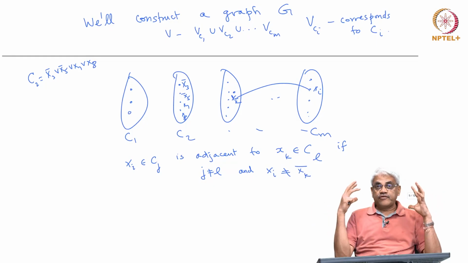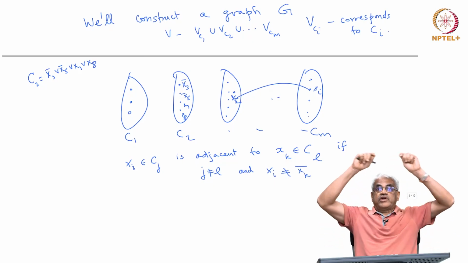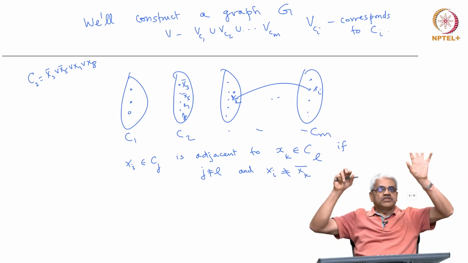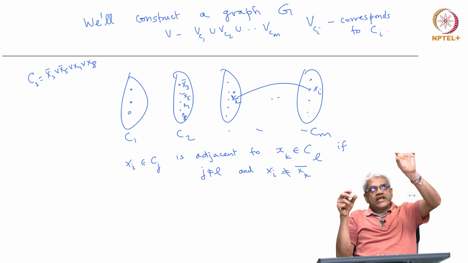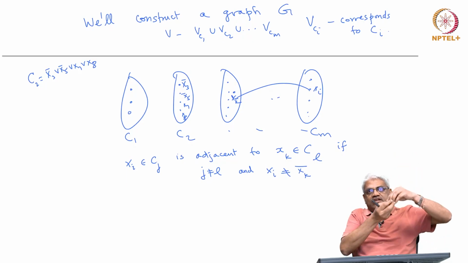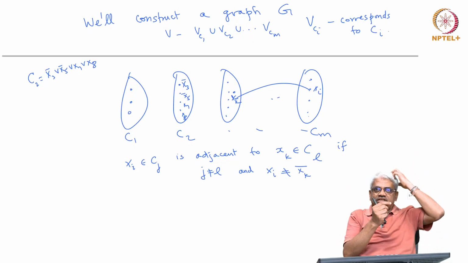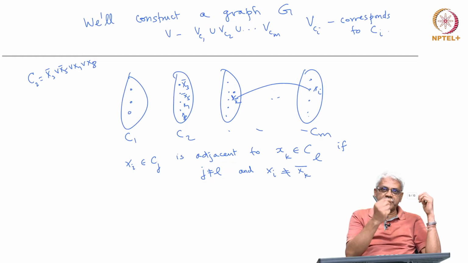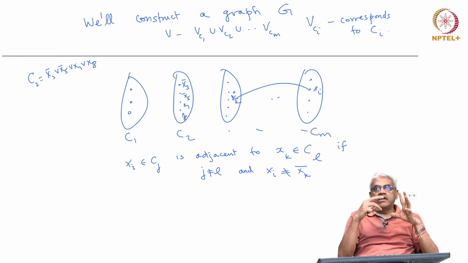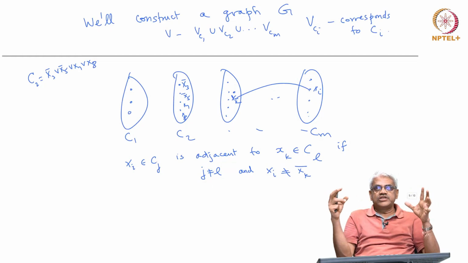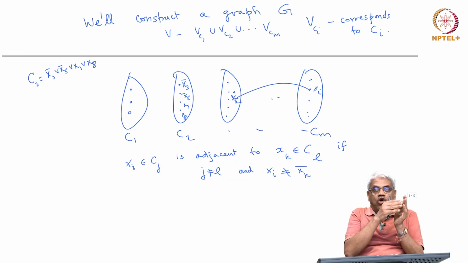So, I have told you the entire graph corresponding to my formula. My formula has a bunch of clauses. For each clause I will have a set of vertices. Each vertex has a label corresponding to that specific literal, and there is no edge within a set corresponding to a clause.